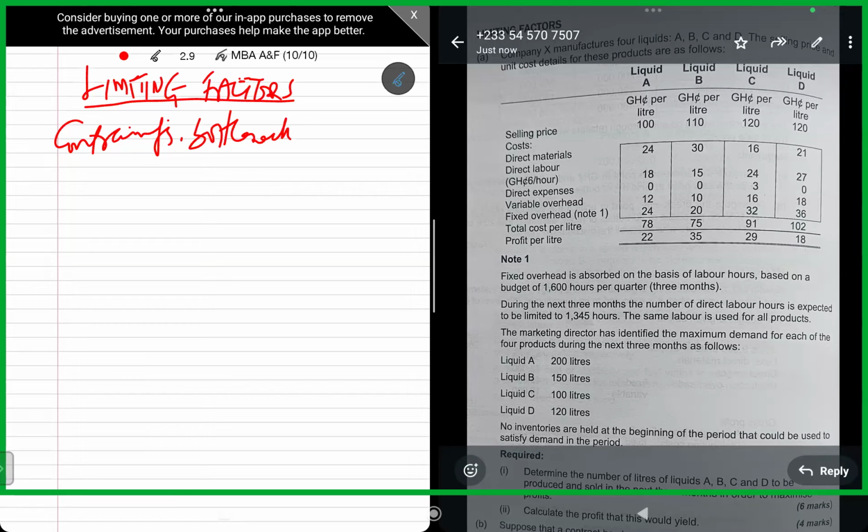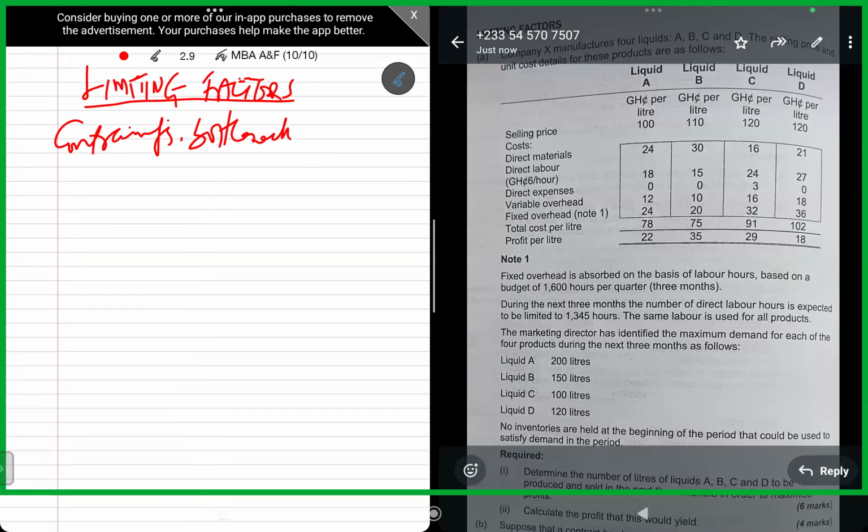It could be that labor hours will be limited, that will be the resource constraint, right? But mostly the concentration is on the resources which are limited, which we are constrained not to use more than we have, and those are materials and labor. Mostly they'll be between those two.